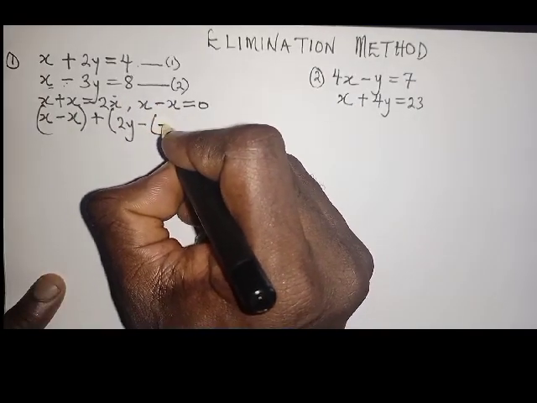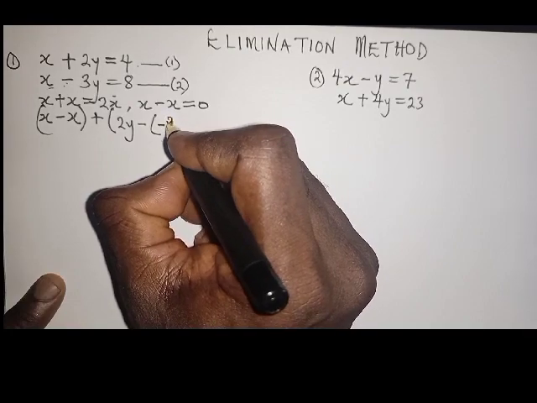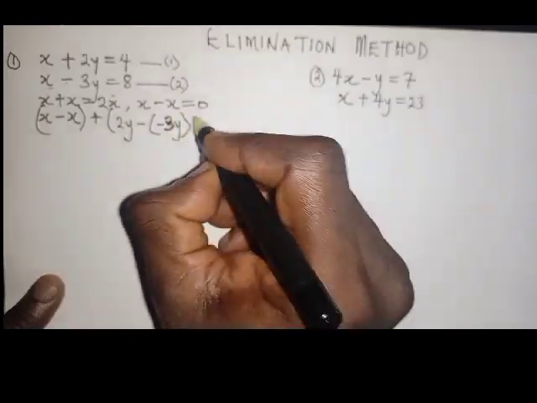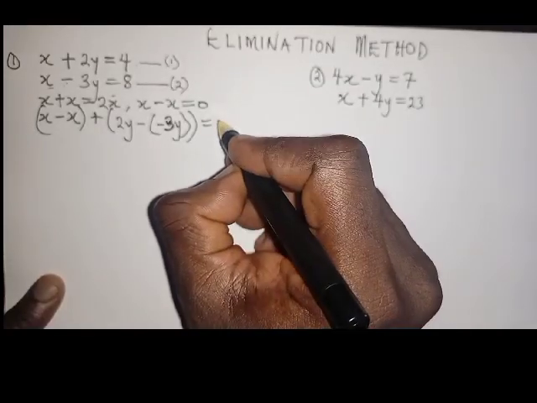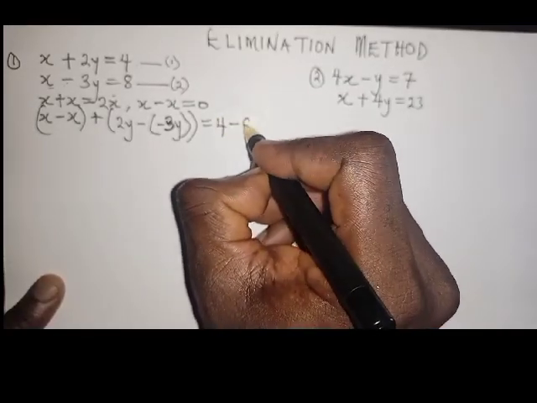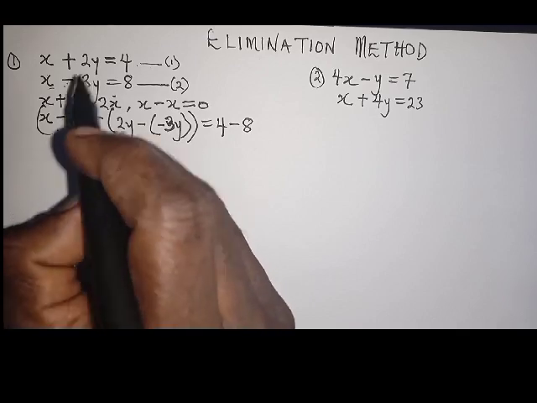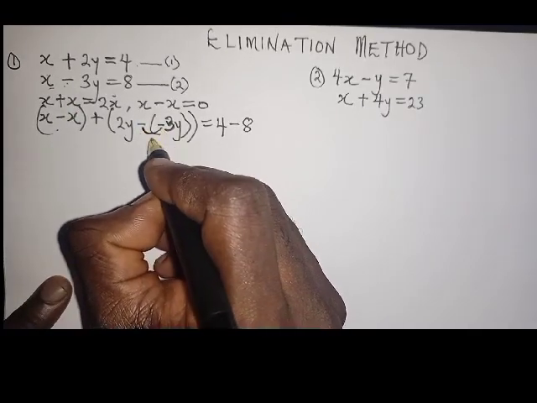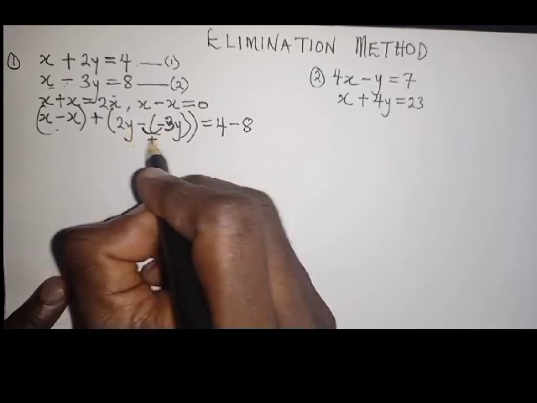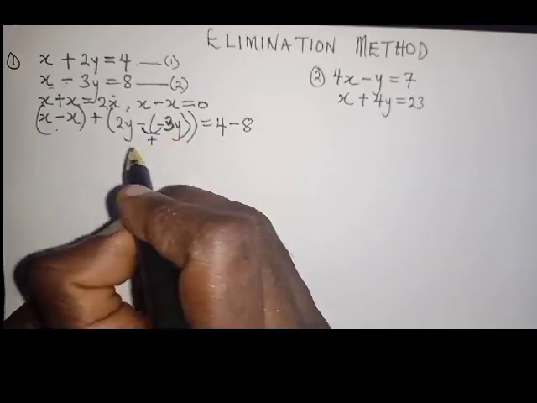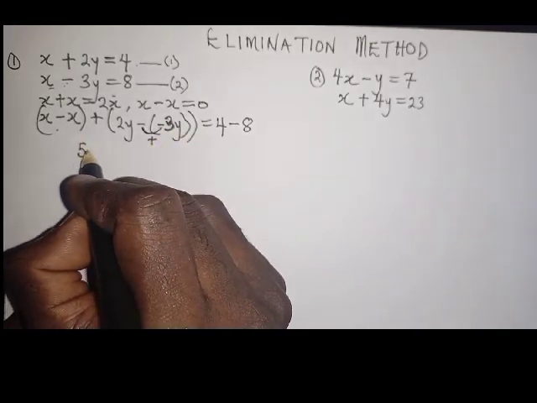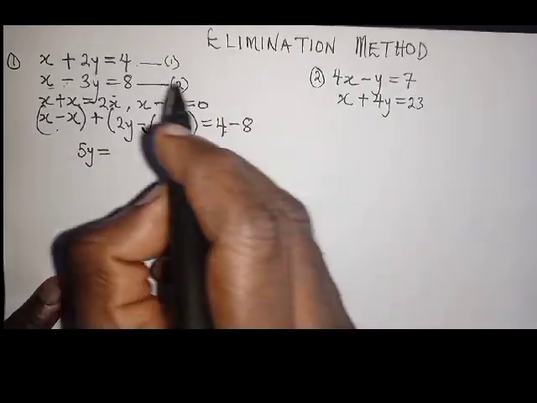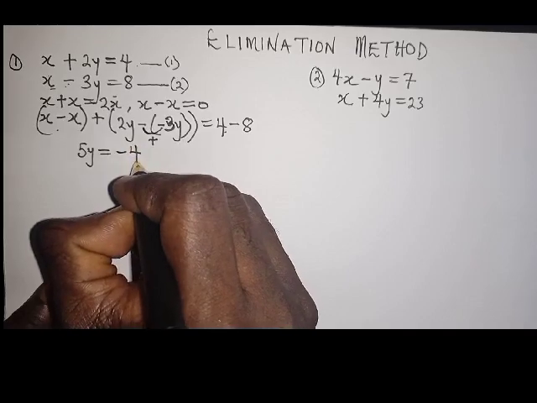So now I'll say minus 3y, because the 3y is a negative number, then equals 4 minus 8. So at the end of the day, the x term disappears, while minus times minus is plus. So 2y plus 3y is going to give me 5y, and 4 minus 8 is going to give me minus 4.